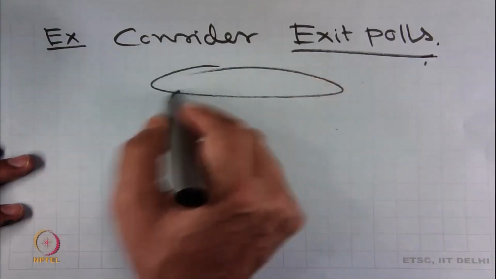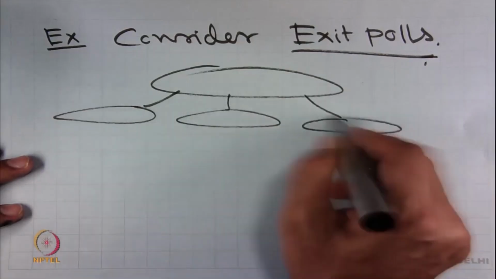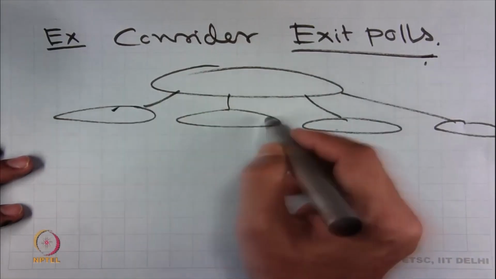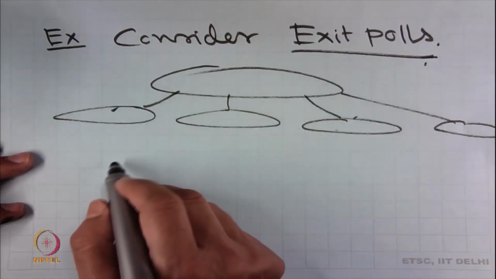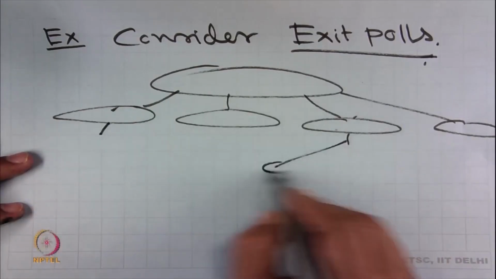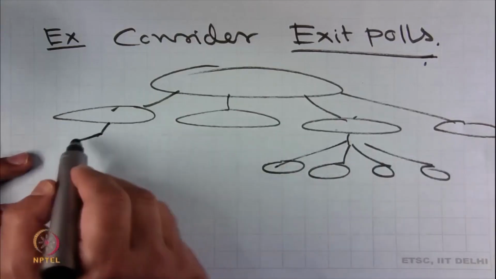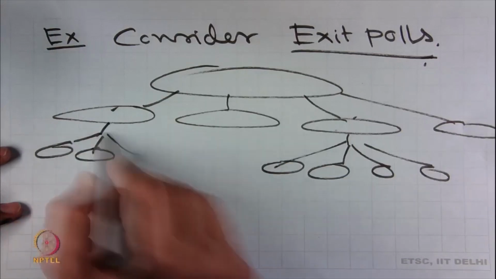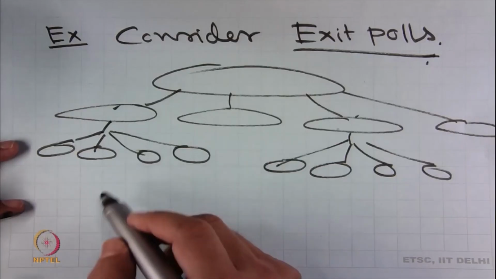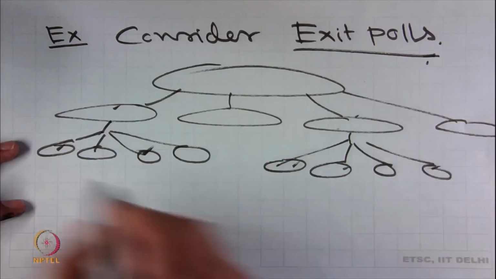If this is the country, we can break it into different states. We may choose some of the states randomly. Within those states, there may be many districts. Again, it is not possible to consider all the voters of one district. So, suppose some of the districts are chosen randomly.